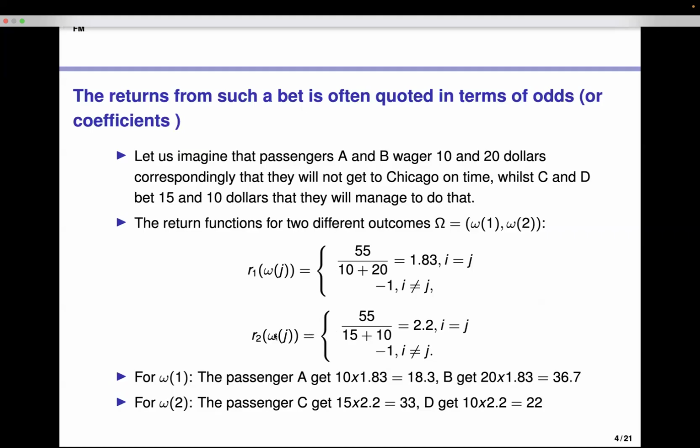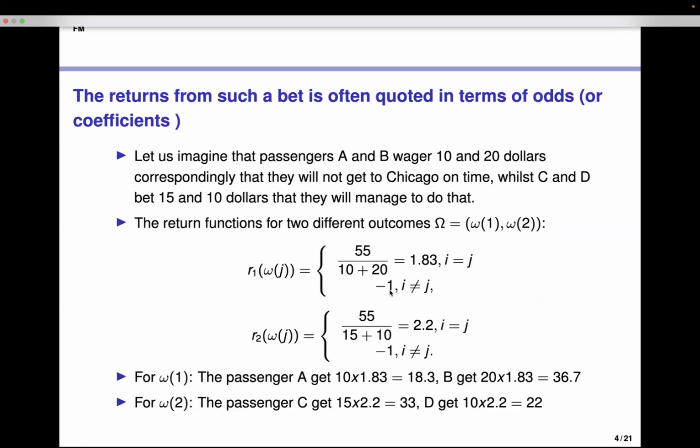So if the outcome is that the train manages to get there on time, passenger A gets 10 multiplied by this return function, 1.83, which is 18.3, and passenger B gets 20 multiplied by 1.83, which is 36.7, and the total sum is $55.